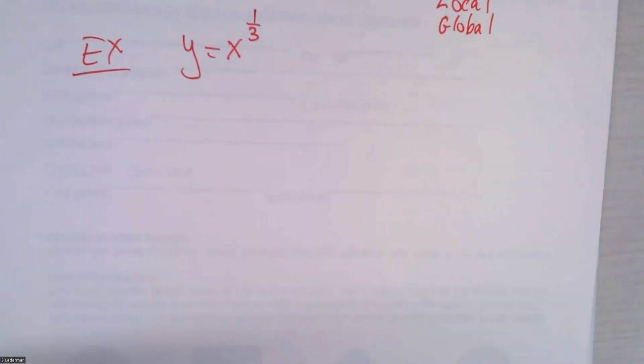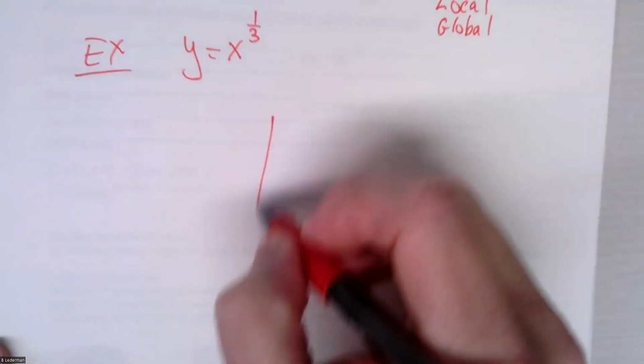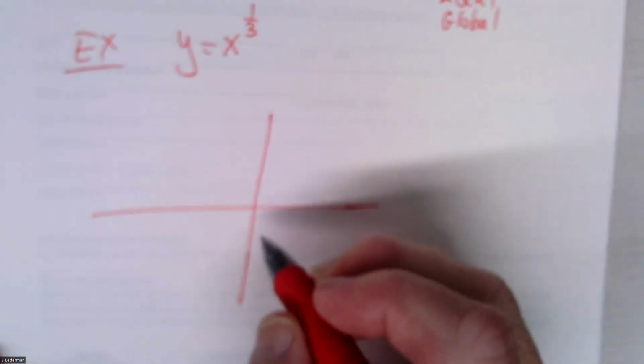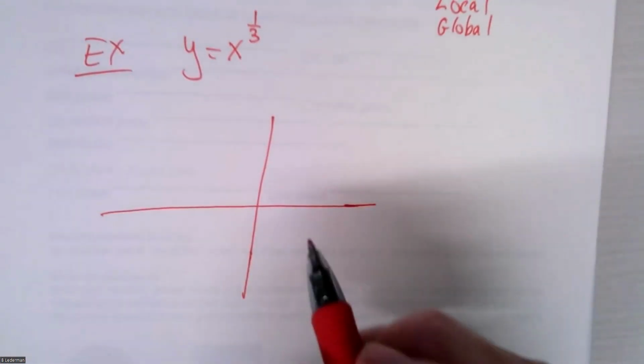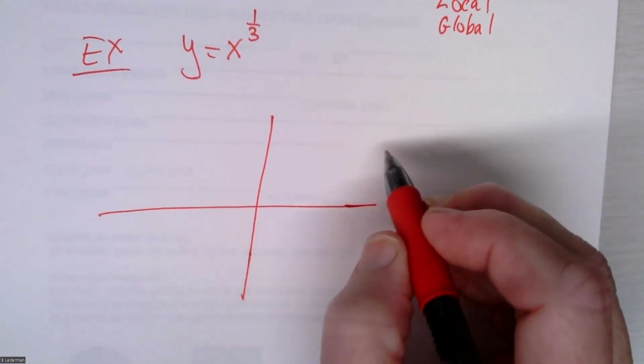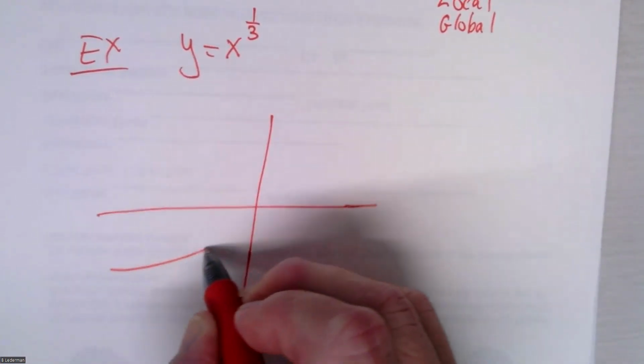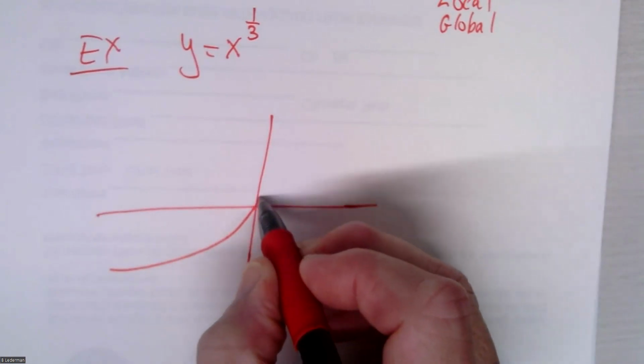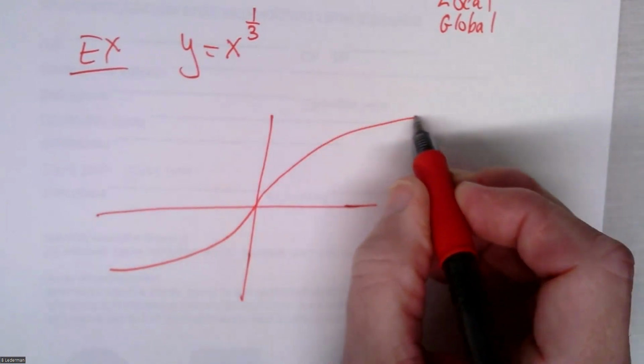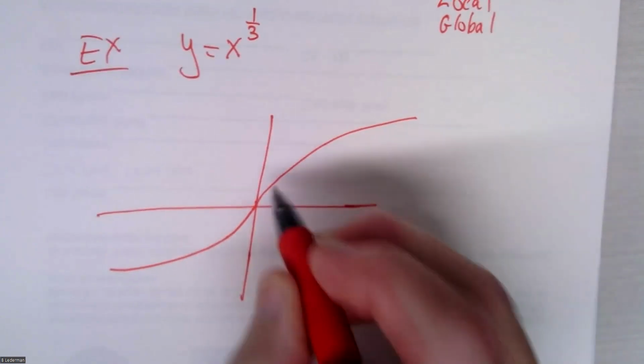We're going to look at the function y equals x to the 1/3 power. Now, if you're familiar with this function, the graph is kind of like this.